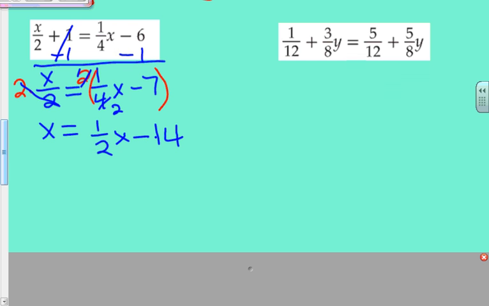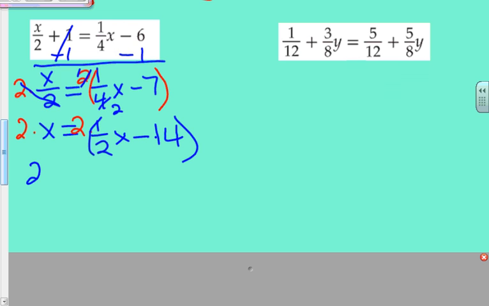Now I see a 1/2 x. I'm going to multiply both sides again by 2. So it's going to be 2 times over here and 2 times over here. And it's this whole side that I'm multiplying.